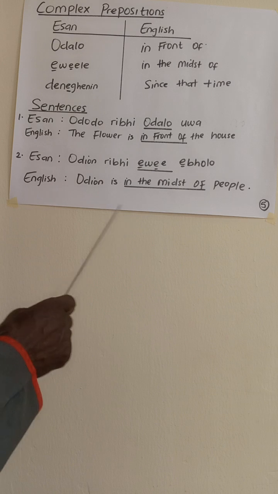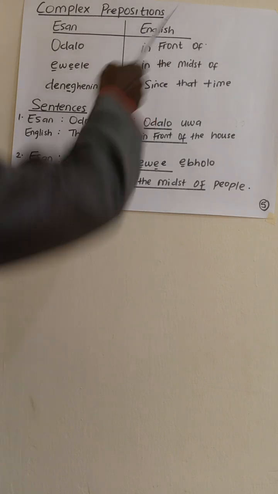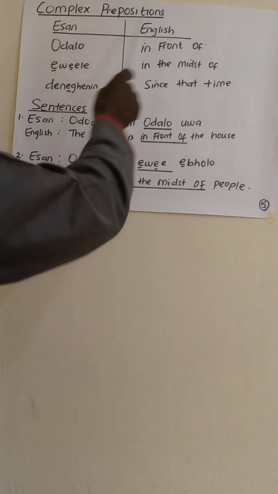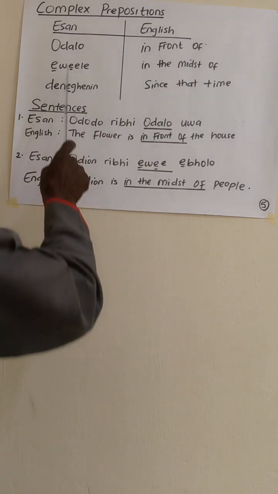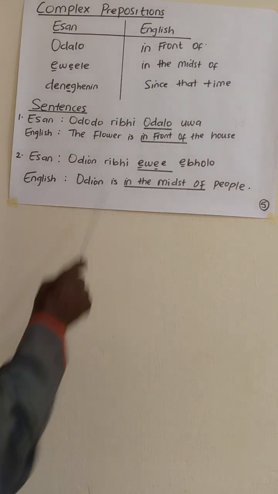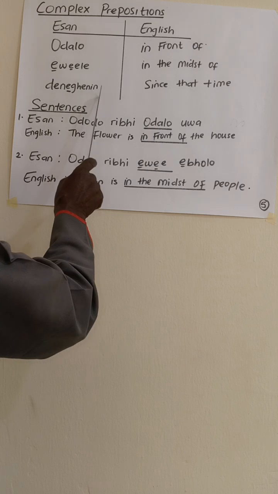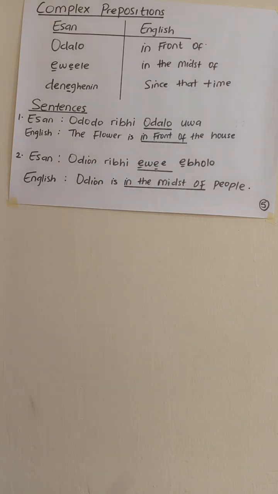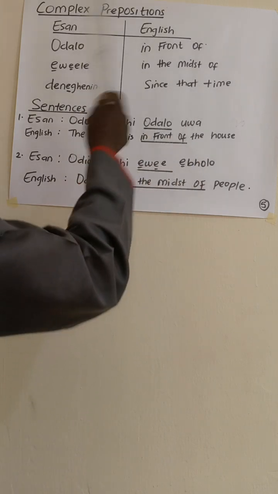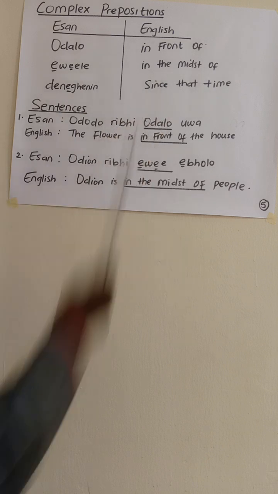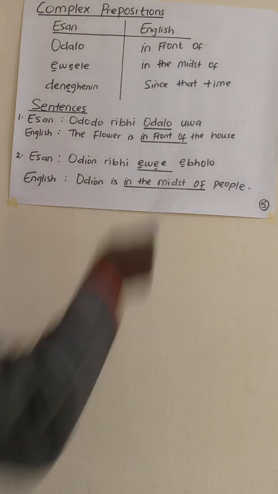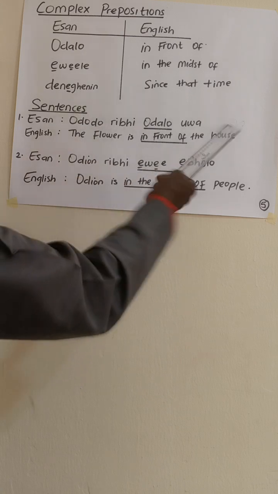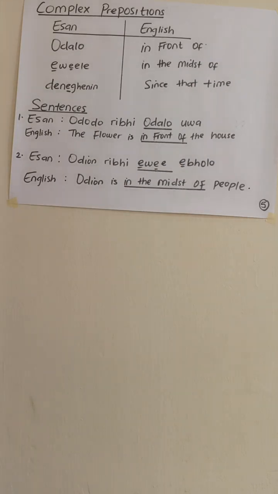Now, what I said, we have complex prepositions. In Esan and English: odalo, in front of; everywhere, in the midst of; the never, since that time. These are the equivalents of the prepositions. Odalo wa, in front of the house. Let's look at the sentences representing them.